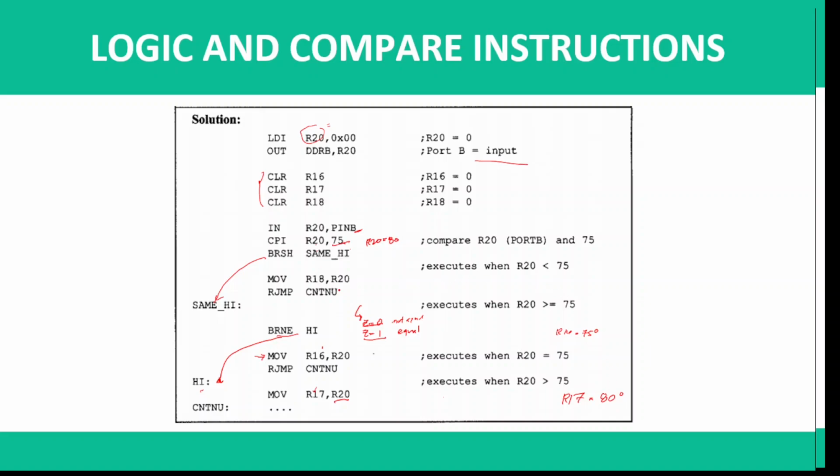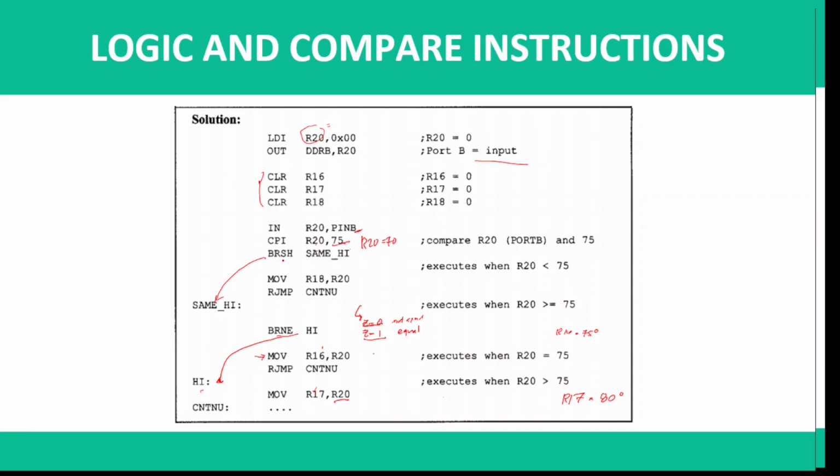So, what happens now, that is the case for higher, diba? What happen if our temperature sa pin B, ang atong na-read, is equal to 70 degrees Celsius. Let's say, ang atong R20 is equal to 70 degrees.